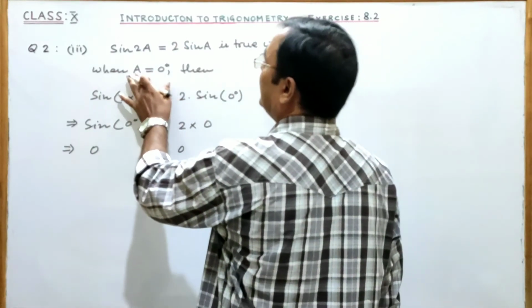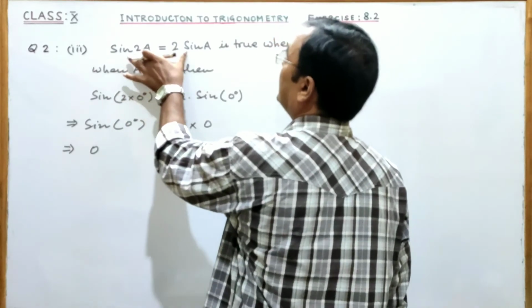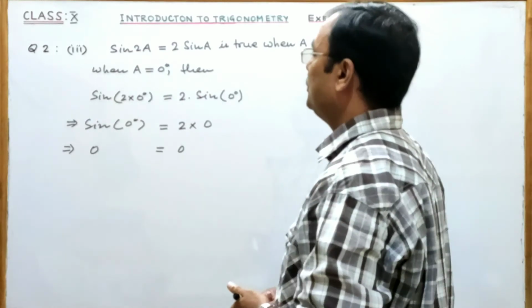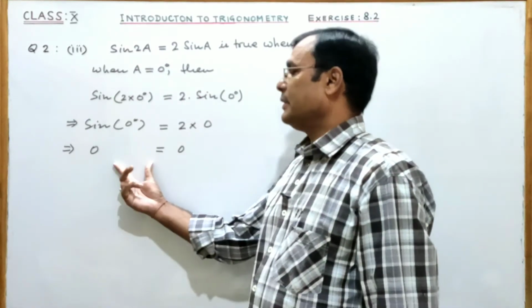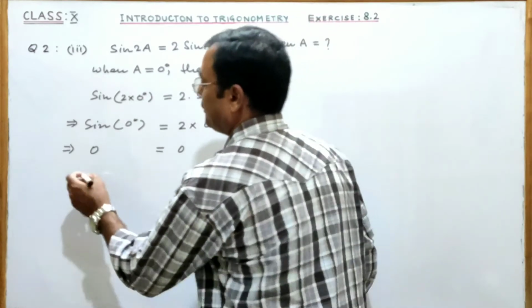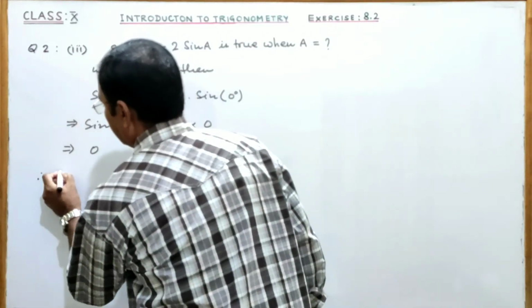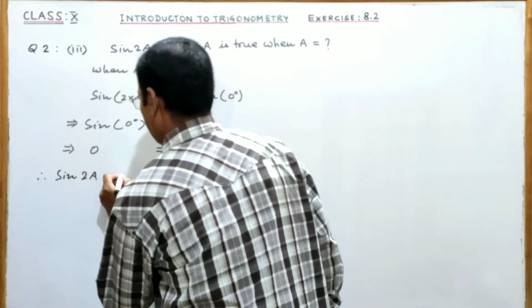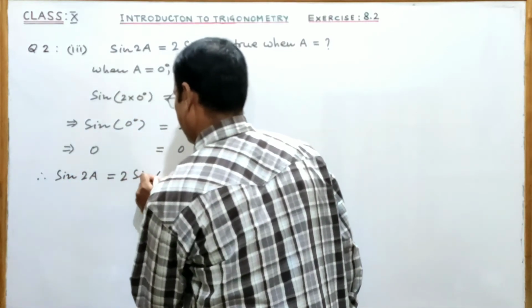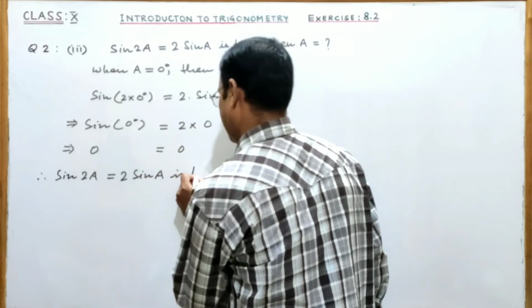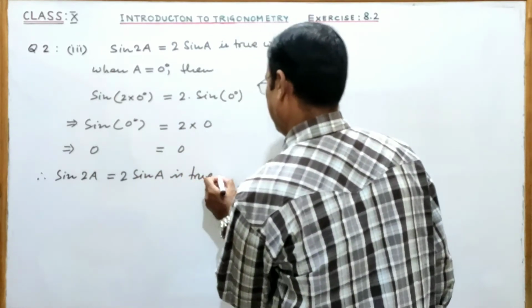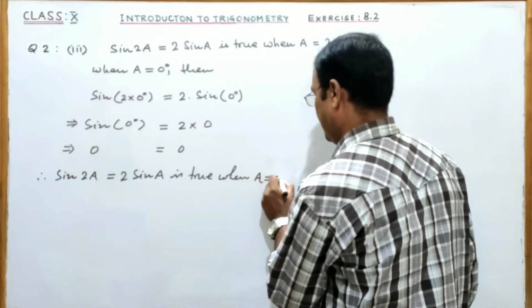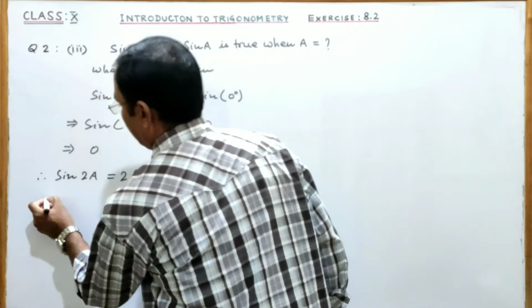That is, for angle a equal to 0 degrees, the relation sine 2a equal to 2 into sine a is satisfied. So therefore sine 2a is equal to 2 into sine a is true when a is equal to 0 degrees.